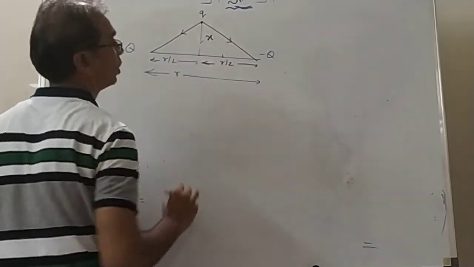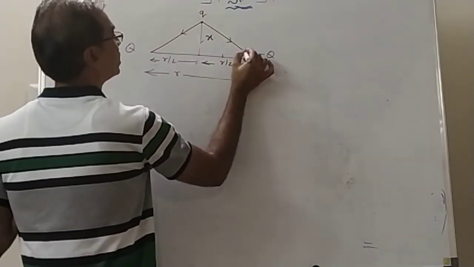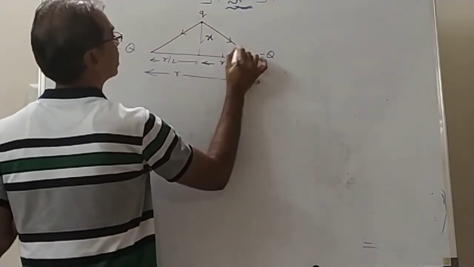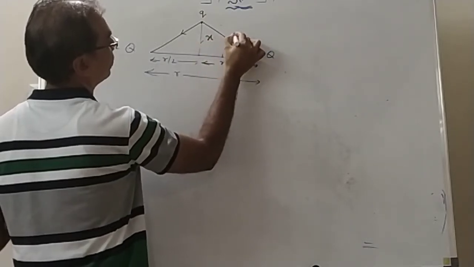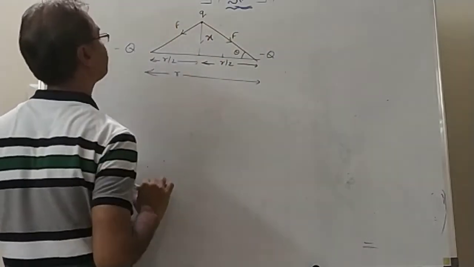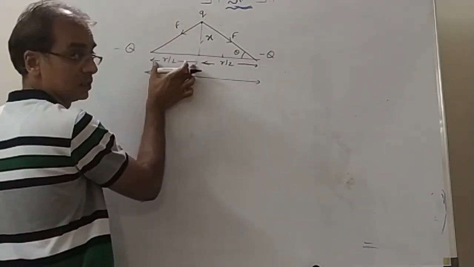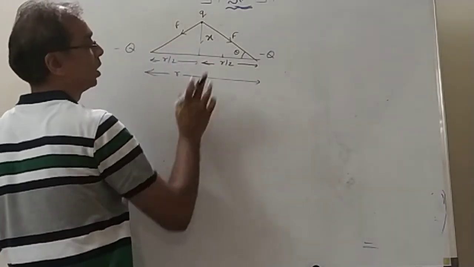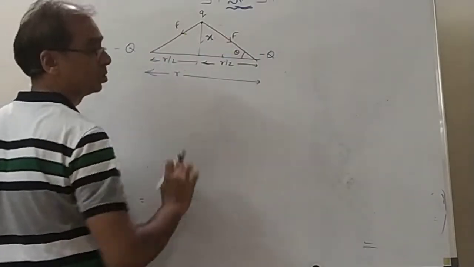So you have to find first what is the net force acting on that. If I assume this is theta and this is force, if this is F and this is also F, how can we say that this is F? Because this is at equidistance, this is also r by 2, this is also r by 2, so both will be equal and the magnitude of these two charges is also equal.